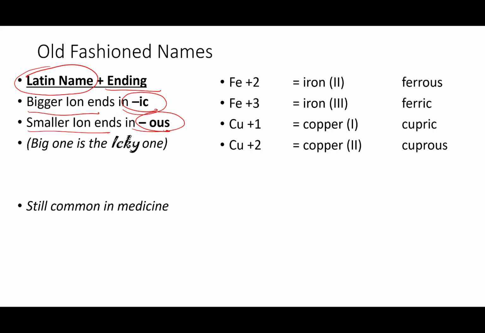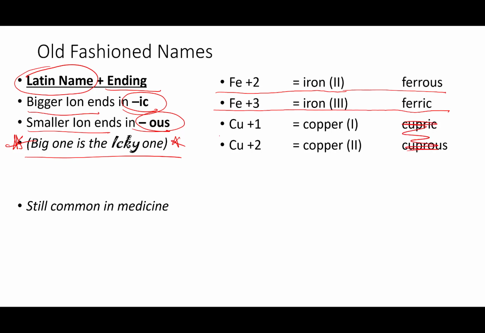The way I keep this straight, and put a star by this because it works, the big one is the icky one. So let's take a look. Iron 2 is ferrous, and iron 3 is ferric. Whoops, Mary's got a boo-boo here, so I'm going to fix this. Copper 1 is the smaller, so it should be the us.